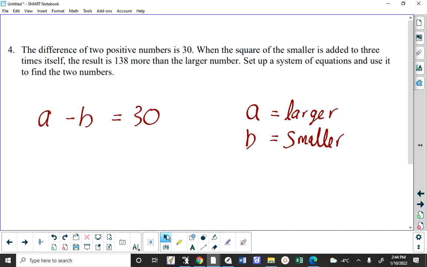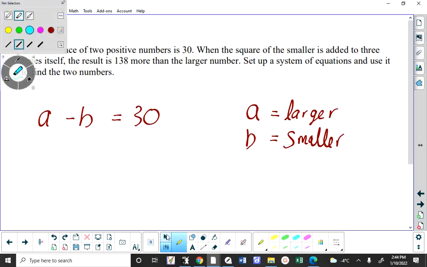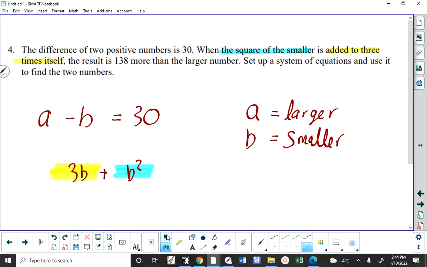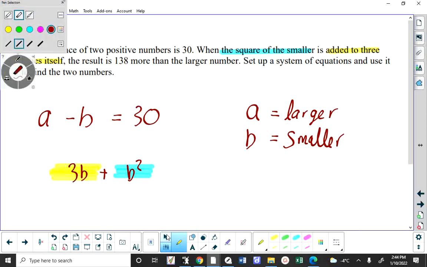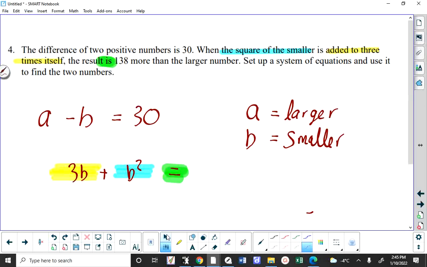So the square of the smaller is added to three times itself, the result, and this is a very important word in math, the result is means equals. 138 more than the larger.